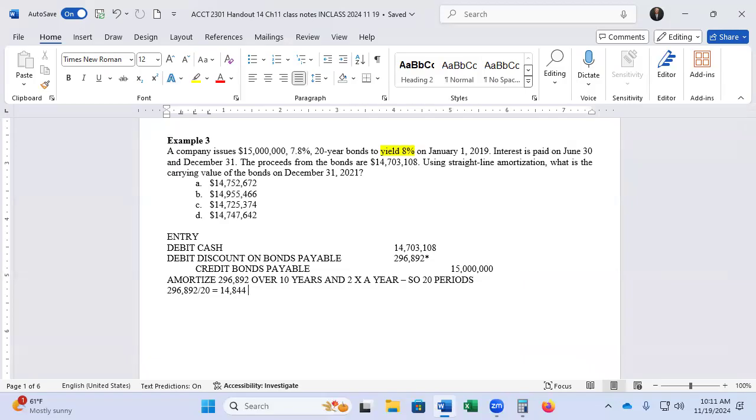Oh, these are 20-year bonds. Sorry, this is 20 years. So we divide it by 40. And so we get 7,422 amortization per period.